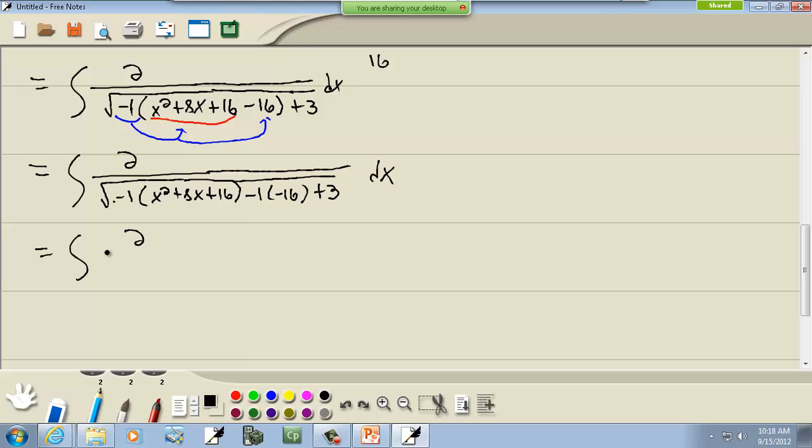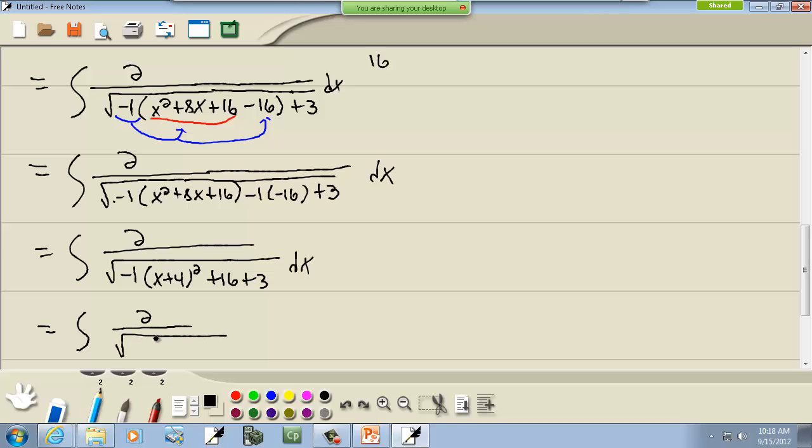So this becomes negative 1. Now I'm going to go ahead and factor this. This factors as x plus 4 squared. Negative 1 times negative 16 is positive 16 plus 3 dx.